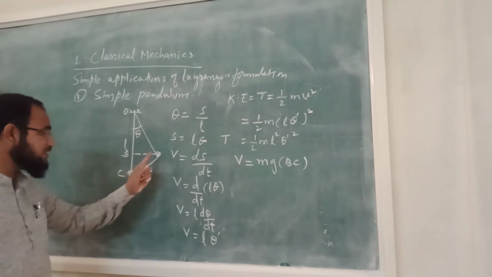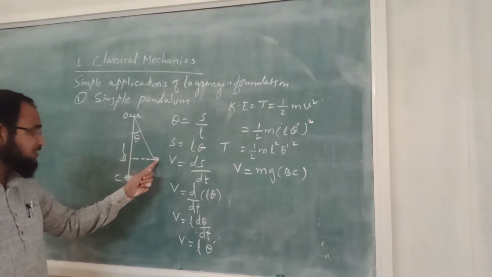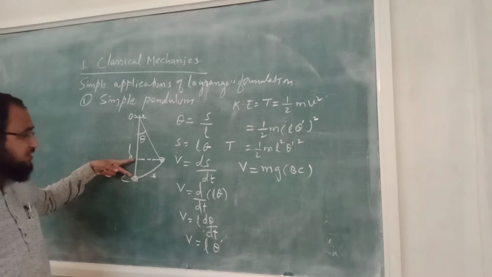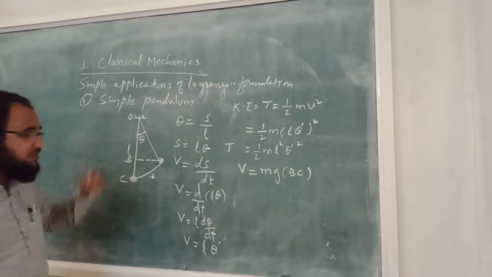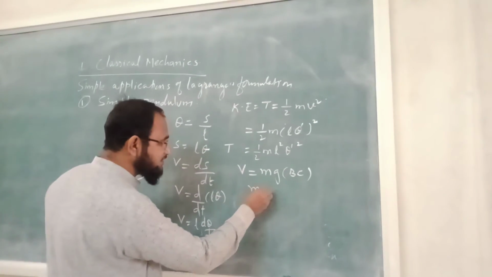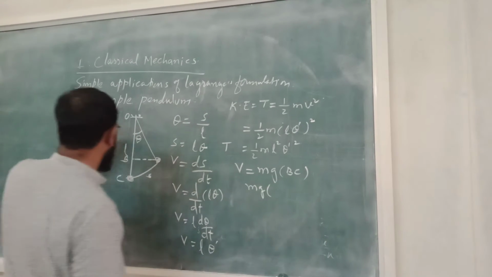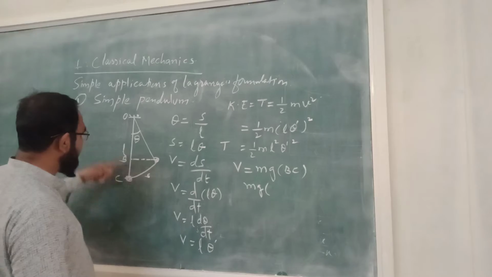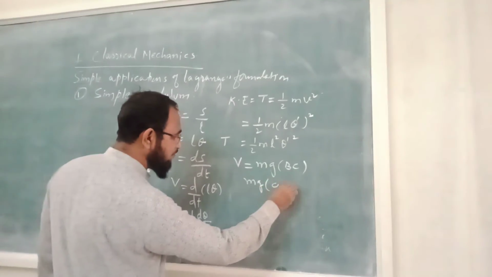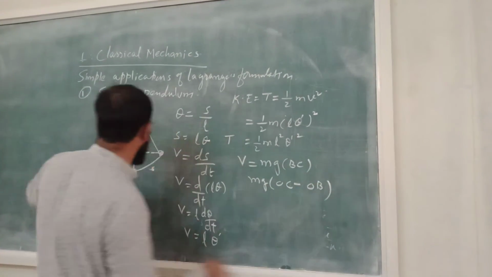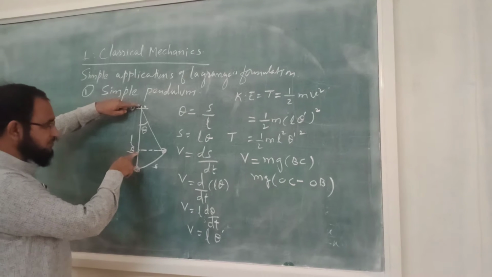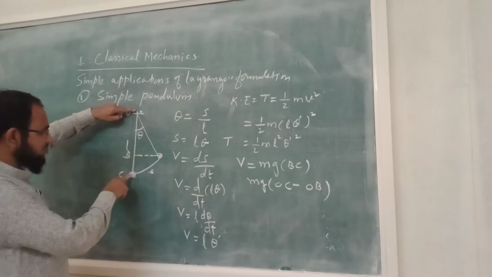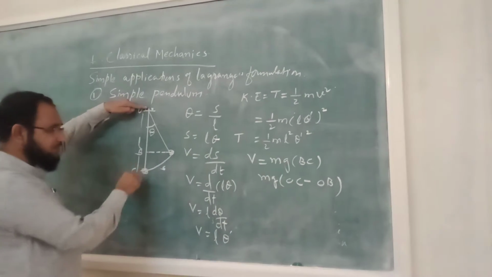Now when I displace this to another position, the change in potential energy up to the distance BC can be written as mg into OC minus OB. OC minus OB is BC. OC is L, the length of the pendulum.